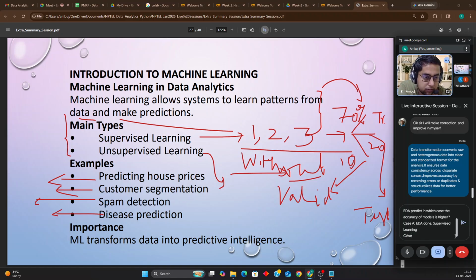Case B: EDA done, unsupervised learning.